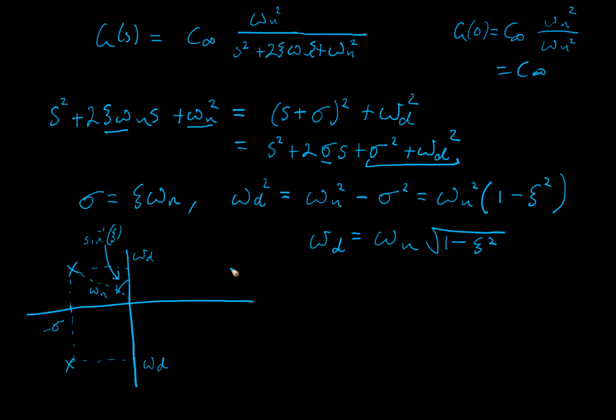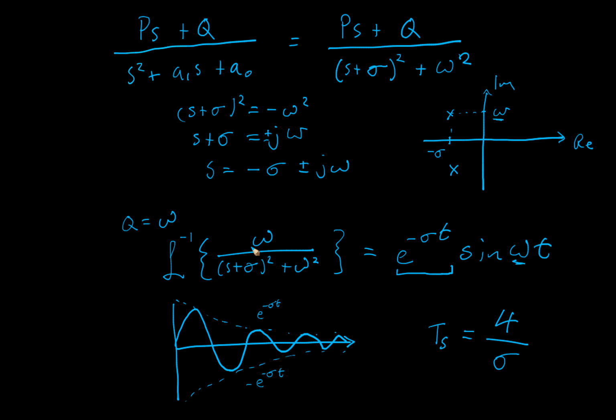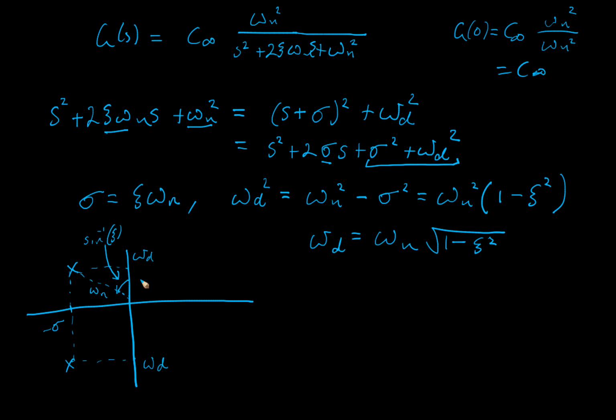So we can think of our representation from the previous slide as the Cartesian coordinates, the real and imaginary components of a complex number. Now we've got omega n as the magnitude of the vector, and zeta is kind of the angle. Actually, sine inverse of zeta is the angle. So now we've got the same complex number written in polar coordinates.